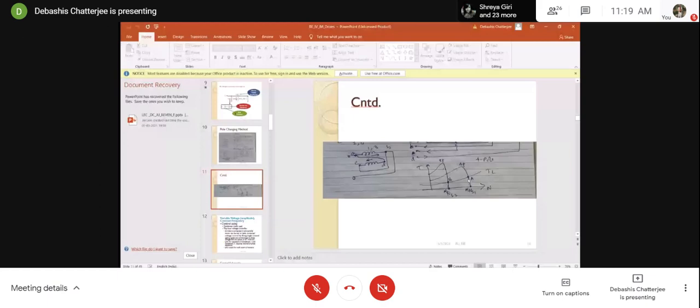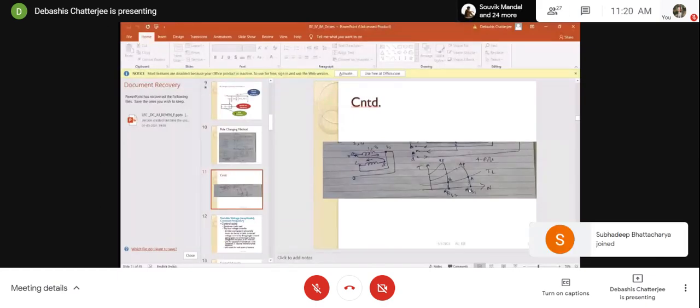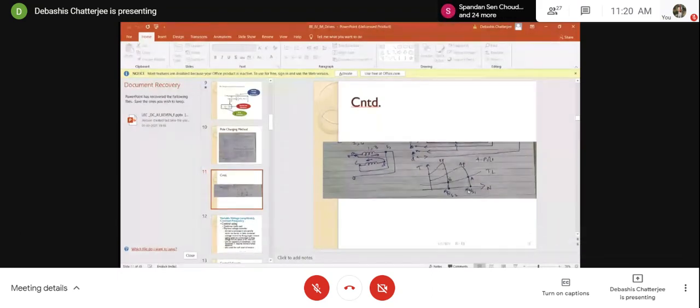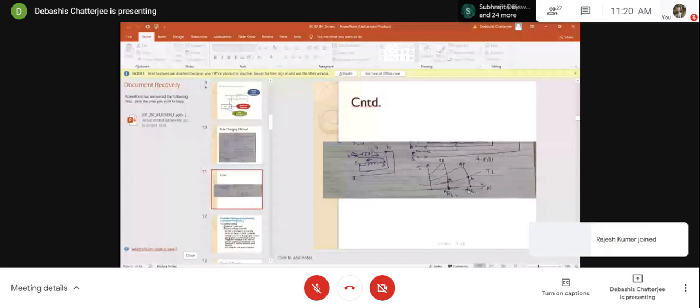So the first drawback is, say we have a 50 hertz supply. Now you connect it in 2 pole, so you get a speed near 3000 rpm. If you reconnect this as 4 pole, it will be near 1500, if you neglect the slip portion.